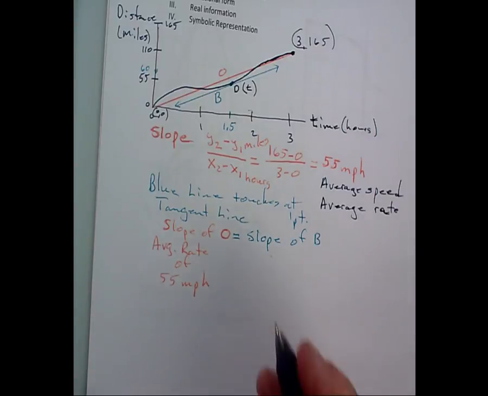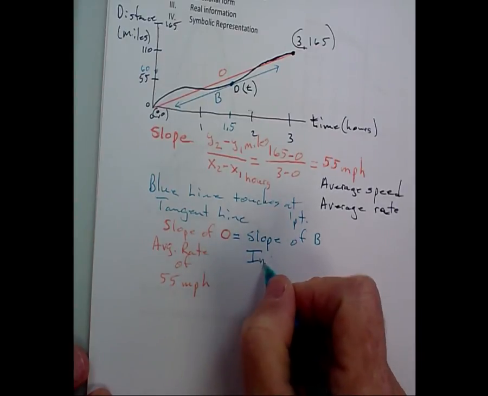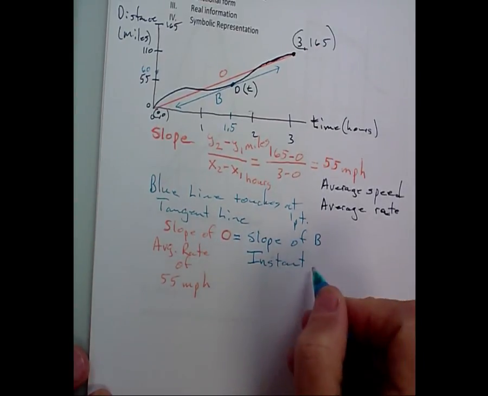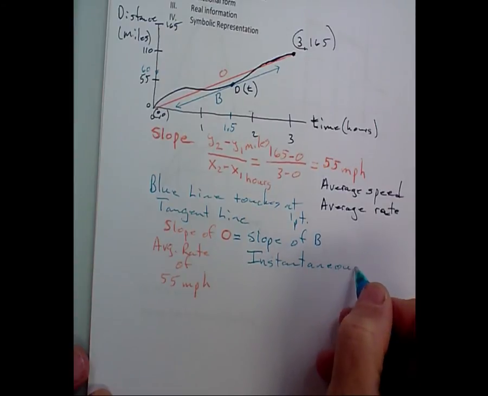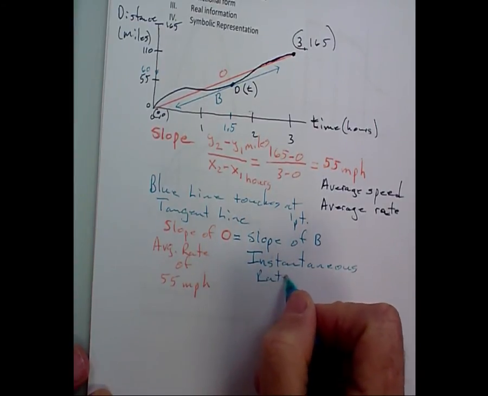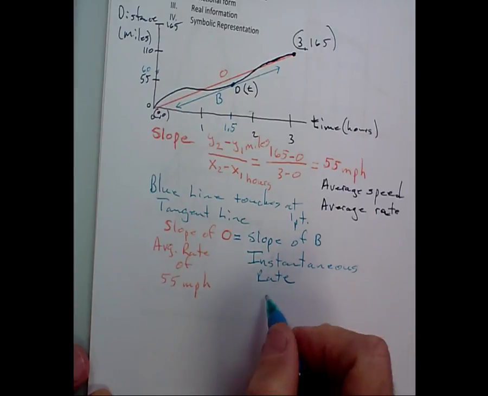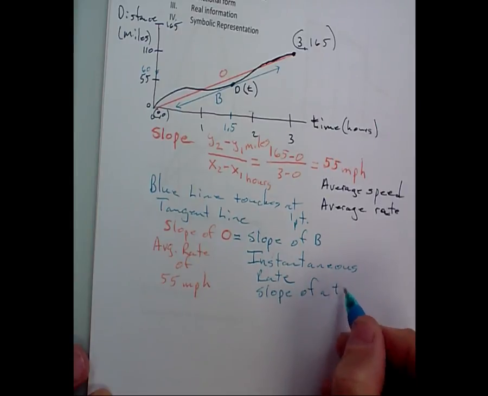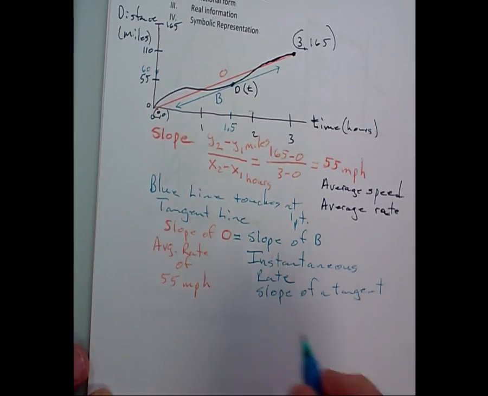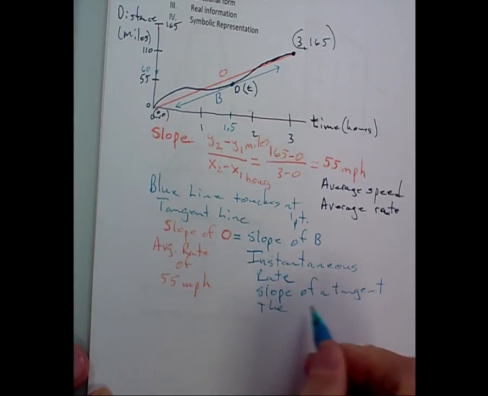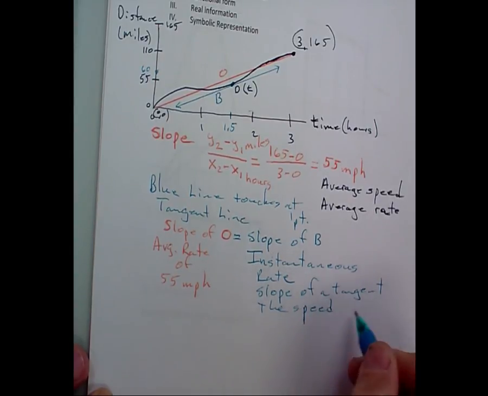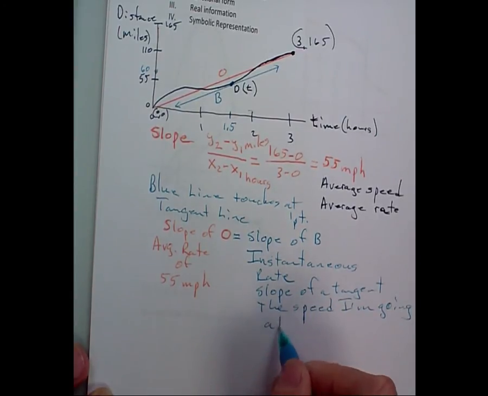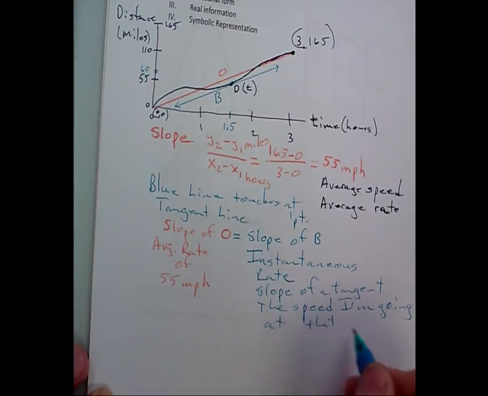Yeah, we call this instantaneous rate, which is the slope of a tangent line, the speed I'm going at that moment.